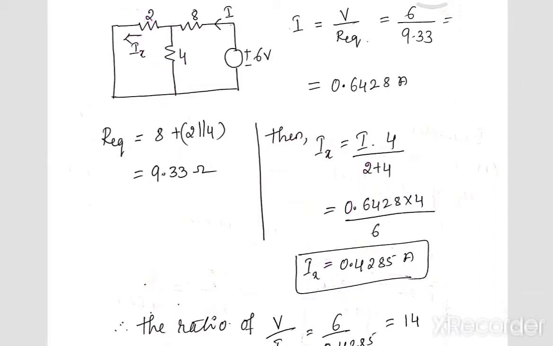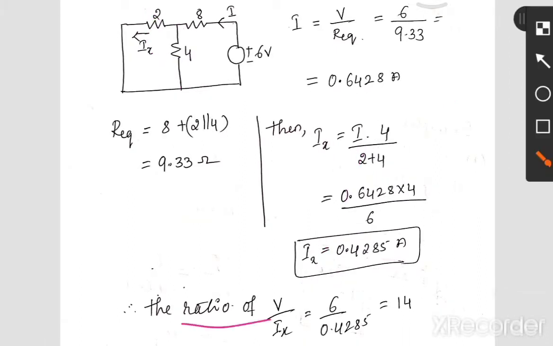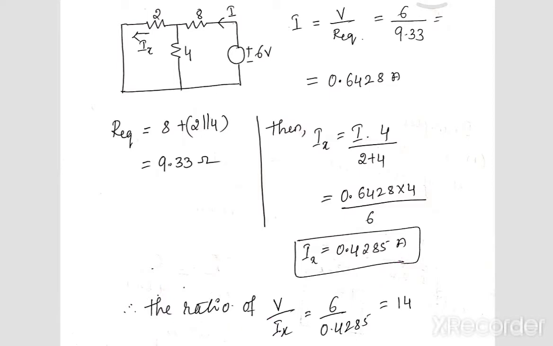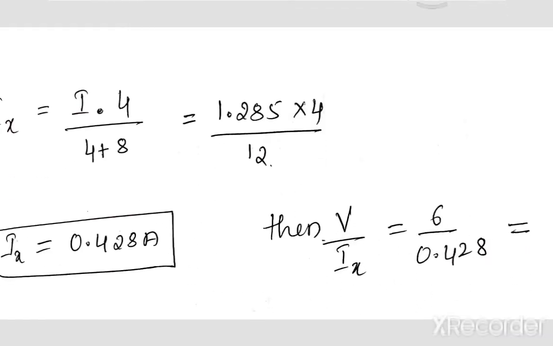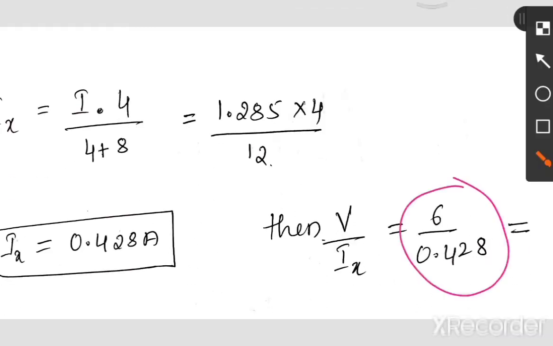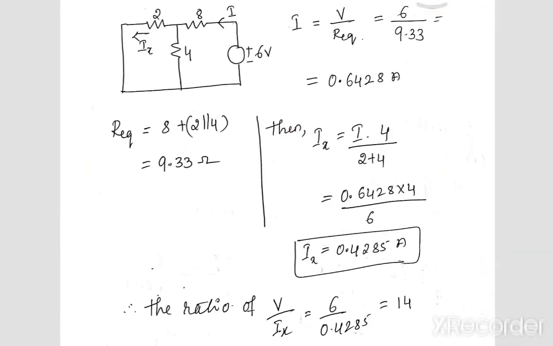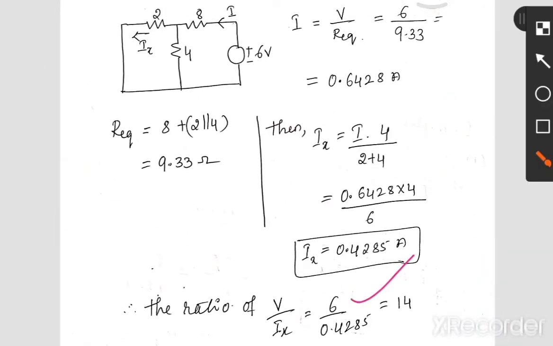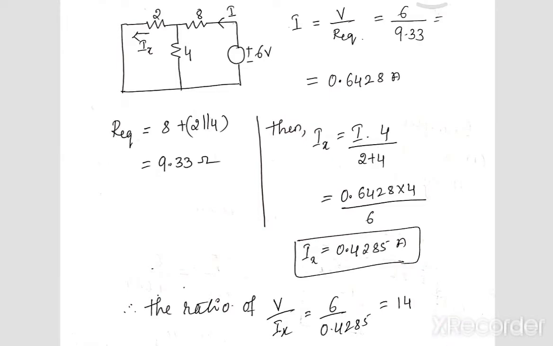Now you can calculate the ratio, which is V divided by Ix, 6 divided by 0.428. Earlier also it was 6 divided by 0.428, and this one is also 6 divided by 0.428. Therefore the reciprocity theorem holds good here.